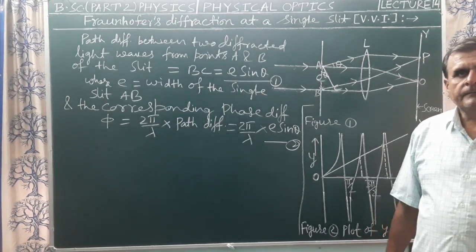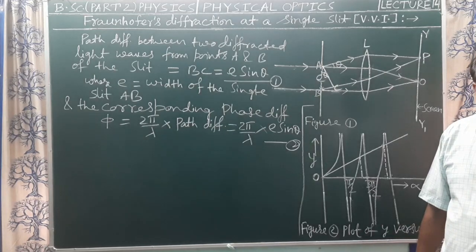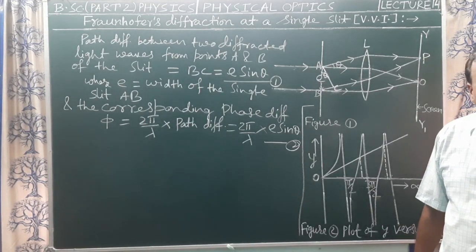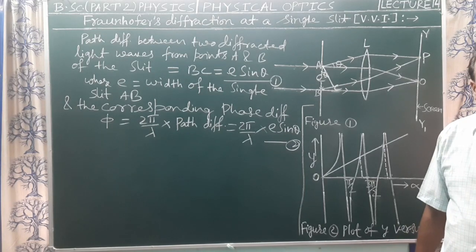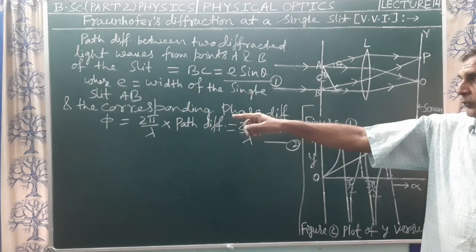So the phase difference between the waves from any two consecutive parts of the slit will be 1 by n times the total phase difference phi.